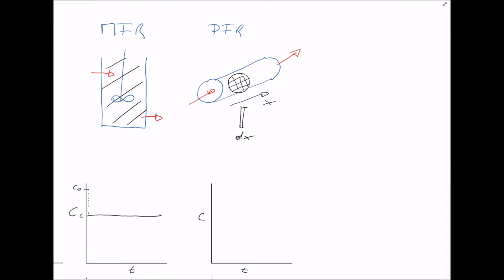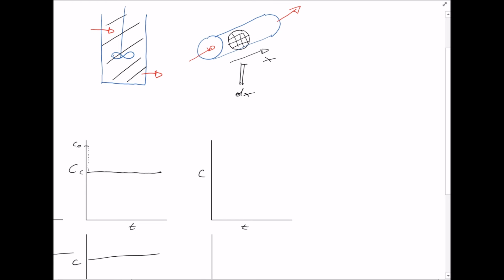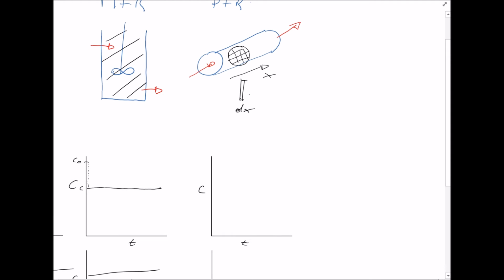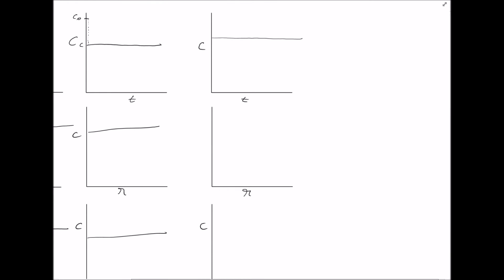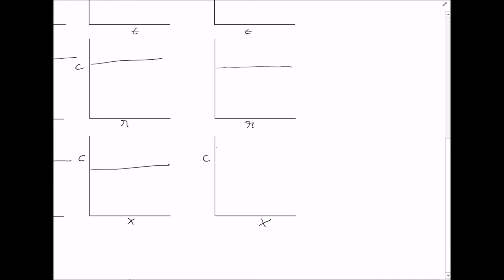For the plug flow, we assume perfect mixing in one differential element of length dx, so it has perfect radial mixing but no axial mixing. So with time, it achieves steady state. With radius, it is also constant, perfect radial mixing, but down the reactor, we have a change in concentration.